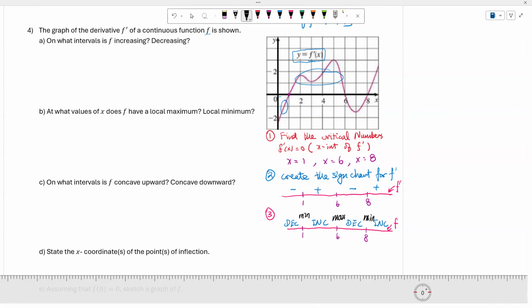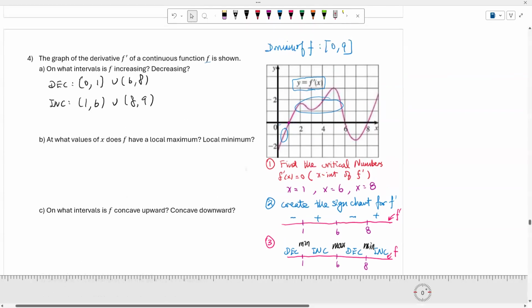Okay. Then now I will be able to answer my question for A and B now. Okay. So decreasing, it is from 0 to 1, union with 6 to 8. Increasing, 1 to 6, union with 8 to 9. Okay.